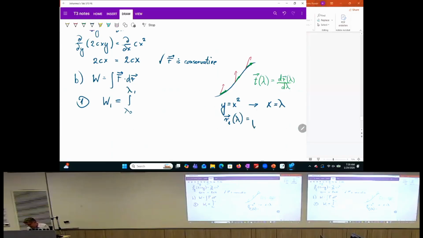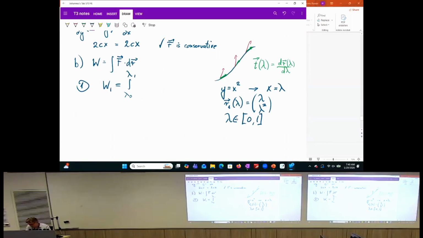And now you see, because y is equal to x squared, and we say x is equal to lambda, that means as a function of lambda, y is lambda squared, right? And this is running from 0 to 1.